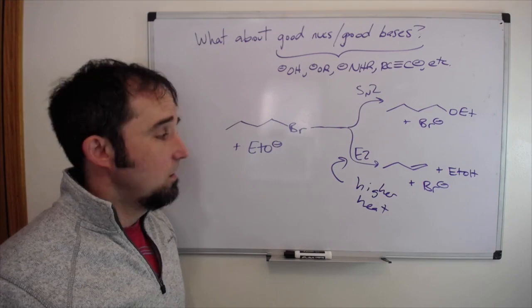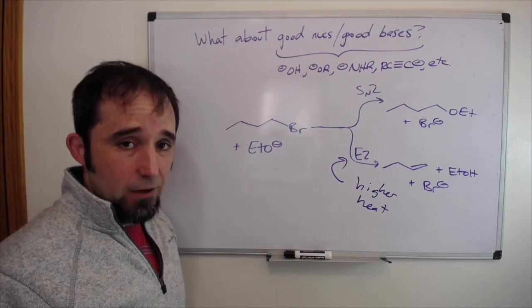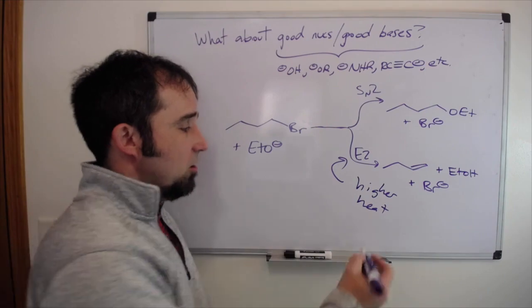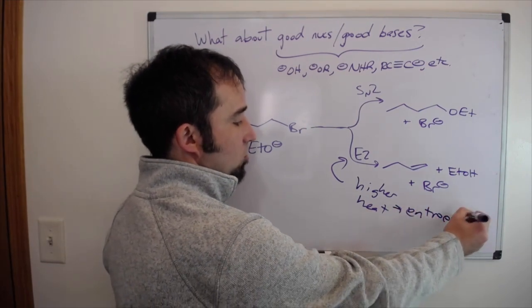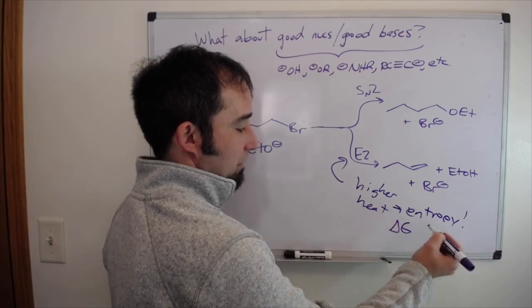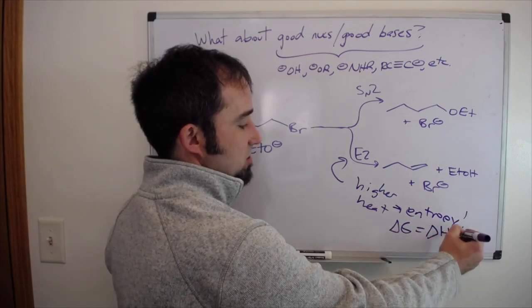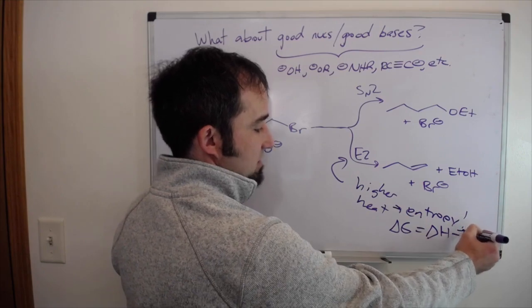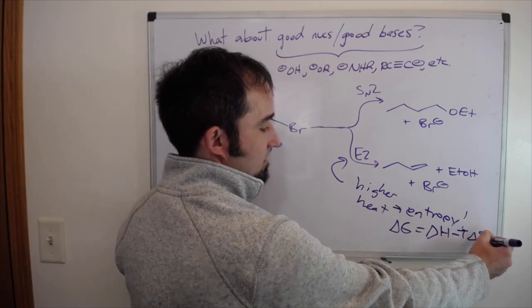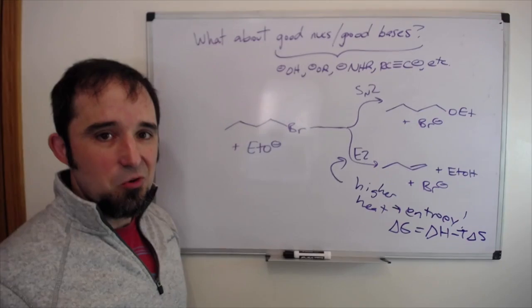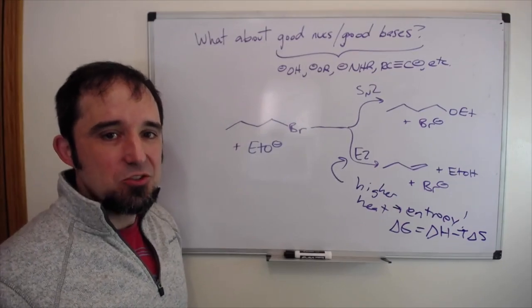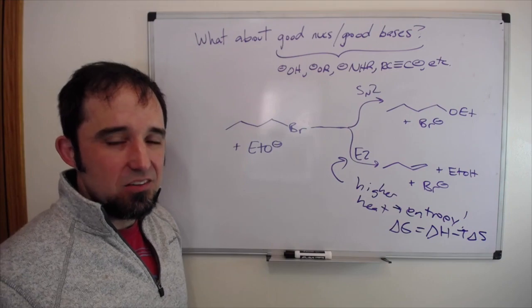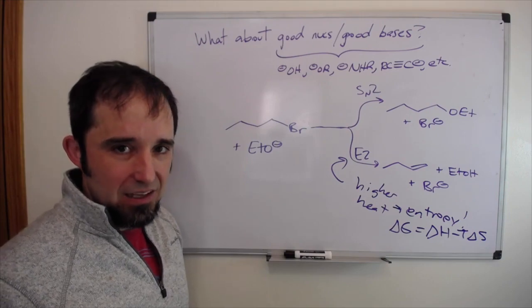Why is that? Well, think of it this way. The hotter the reaction goes, the more entropy plays a role in the total Gibbs free energy, right? So remember, Gibbs free energy, delta H versus T delta S. Some old school 116 coming at you, right? So entropy, don't think of entropy as disorder.